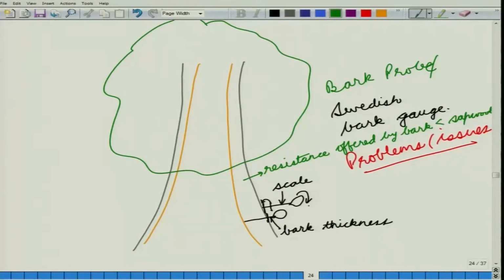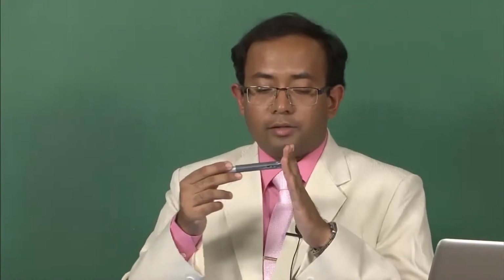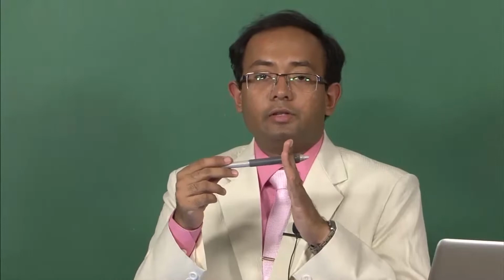So, essentially both these instruments, bark probe and bark gauge, rely on the skills of the operator to be able to feel, while he is penetrating the instrument inside the bark, at what point the instrument has gone through the bark and has reached the sapwood.